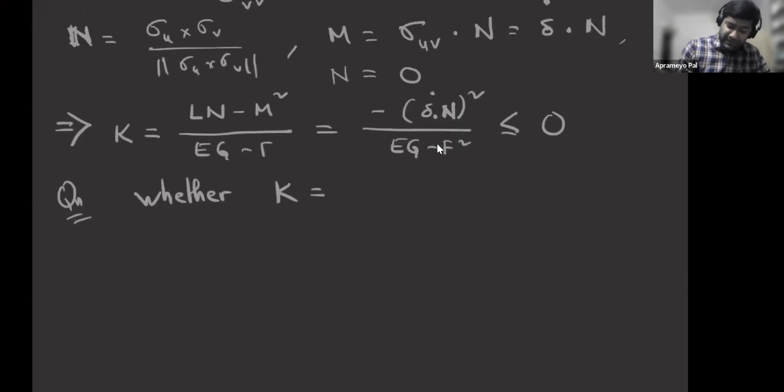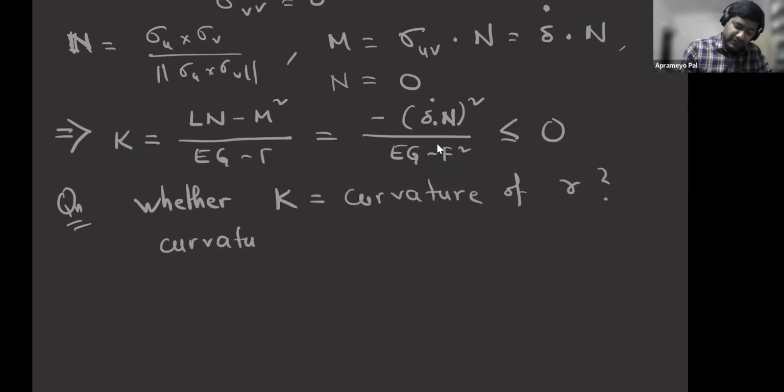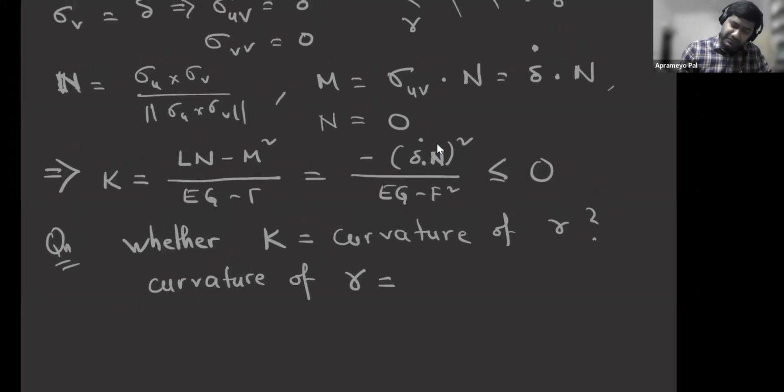Yes. So let's see. What is the curvature of gamma? So tell me, how do you compute this? Gamma double dot, the norm of gamma double dot. Yeah, so it's like the norm here, right?